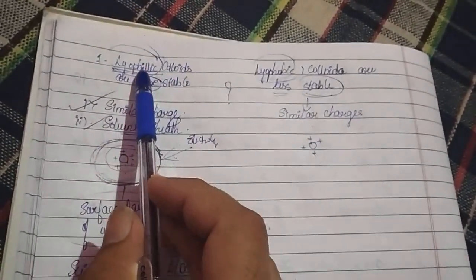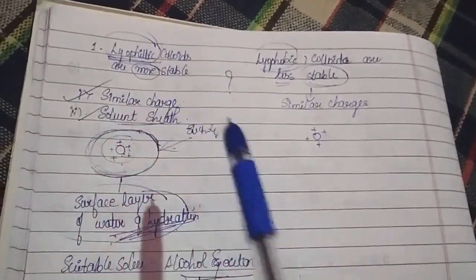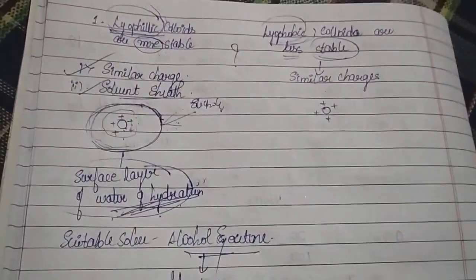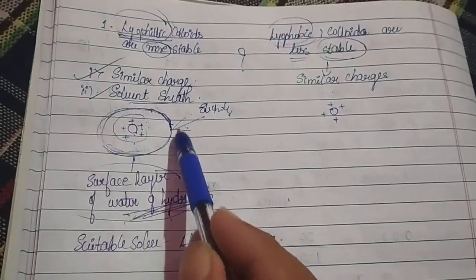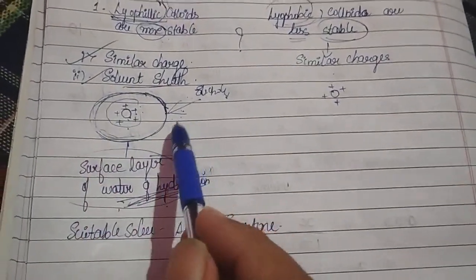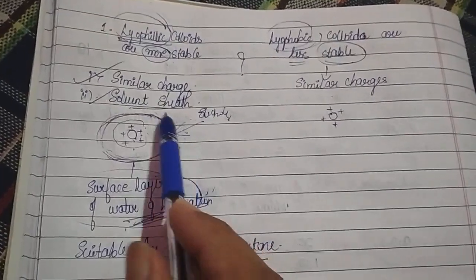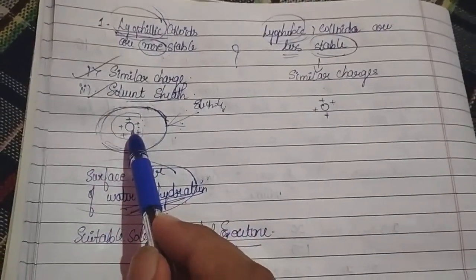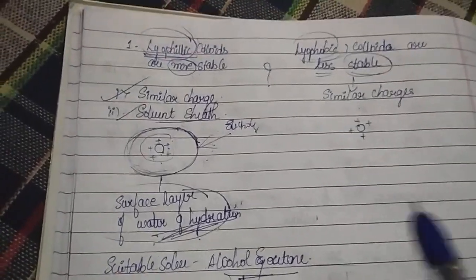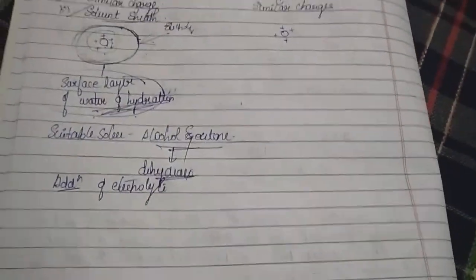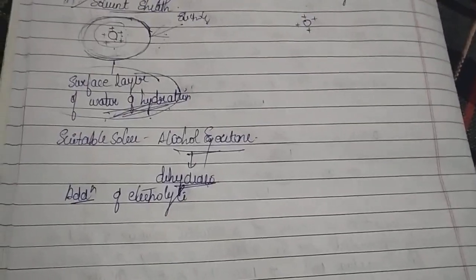But when we come to lyophilic colloids, what is happening? There are two important steps we have to follow. First and foremost, we have to dehydrate, or remove, the surface layer of water of hydration which is surrounding your lyophilic colloidal particles, and then you have to add your electrolyte. So from this concept, one important thing which strikes our brain is what?